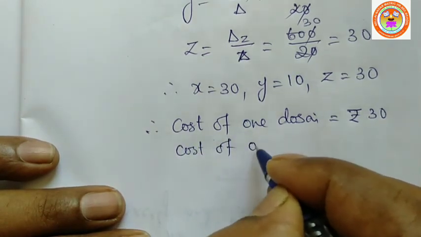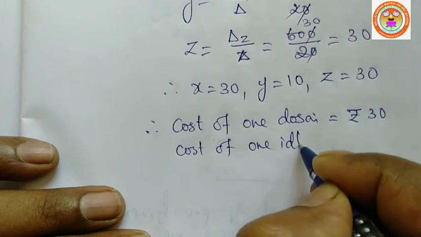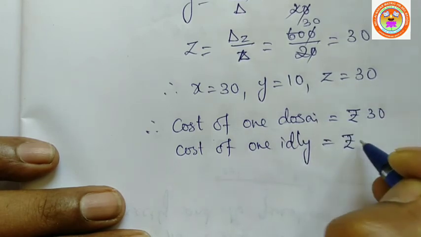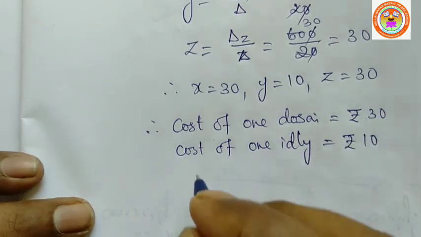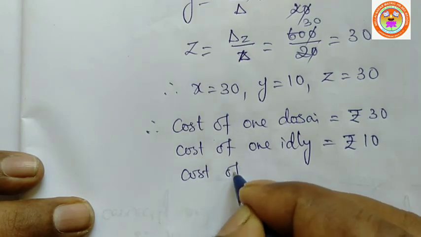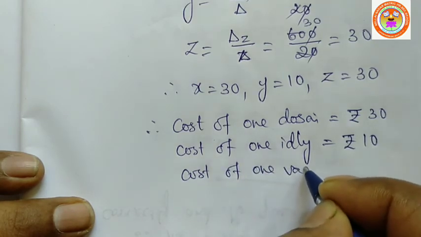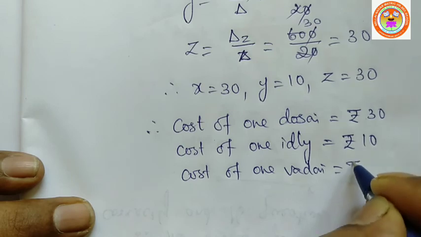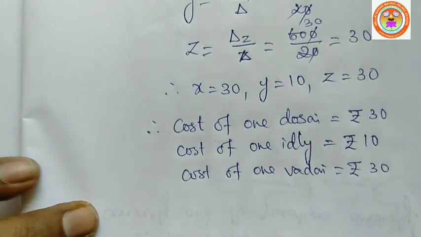Cost of one idli is equal to rupees 10. Cost of one vadai is equal to rupees 30.